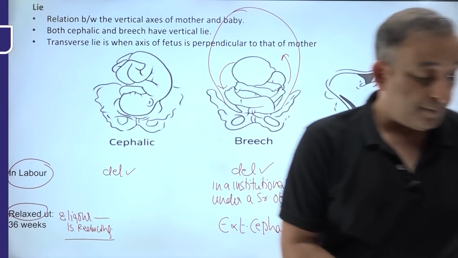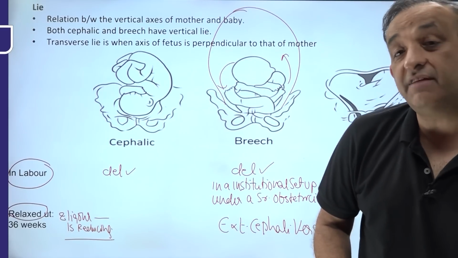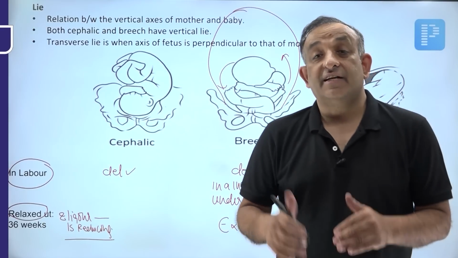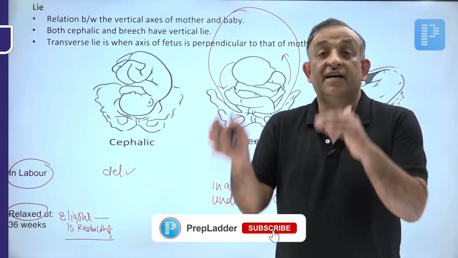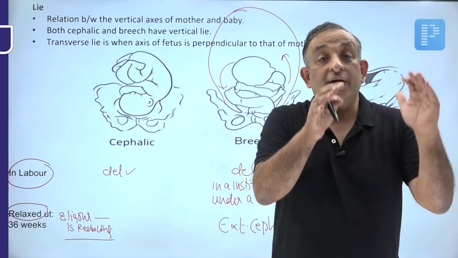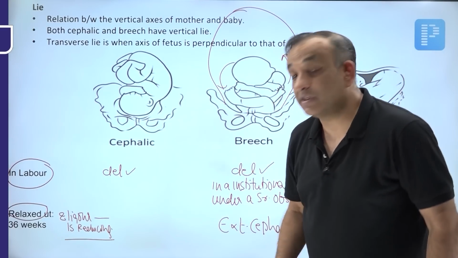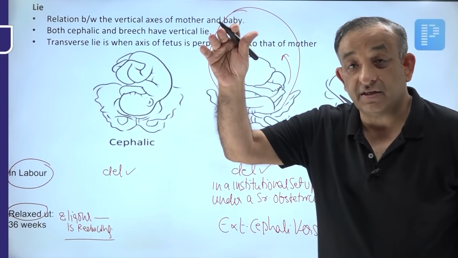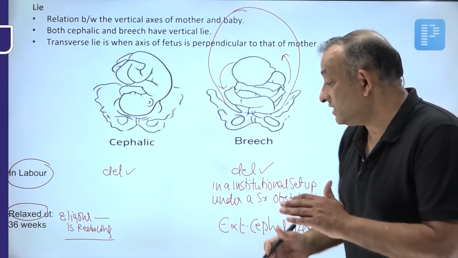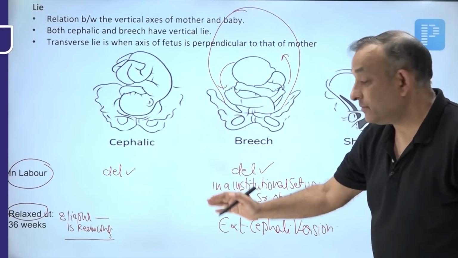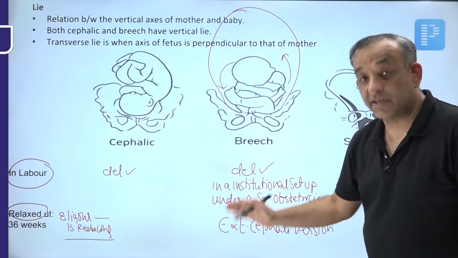So that's why, when the peak level of the liquor is reached at around 32 to 34 weeks, then it starts reducing. So at 36 weeks, the liquor is reducing. The peak is 1000 ml at 32 to 34 weeks. At 36 weeks, it is 800 ml. So that's why the uterus is relaxed and the liquor is reducing.